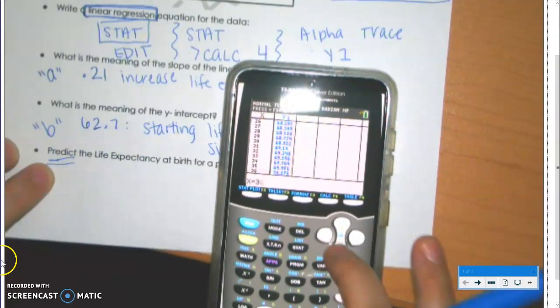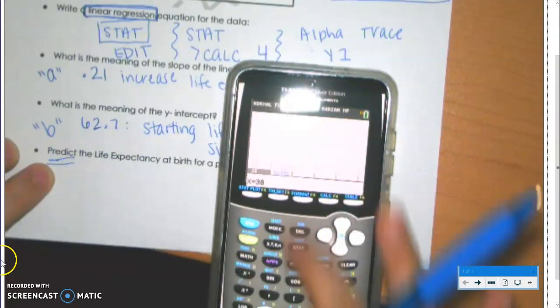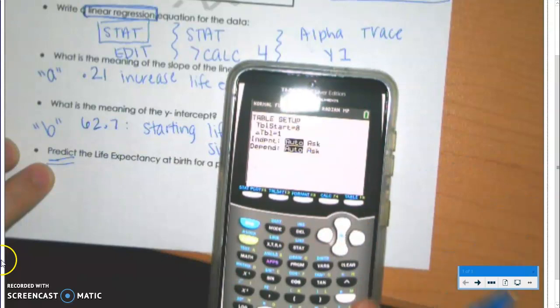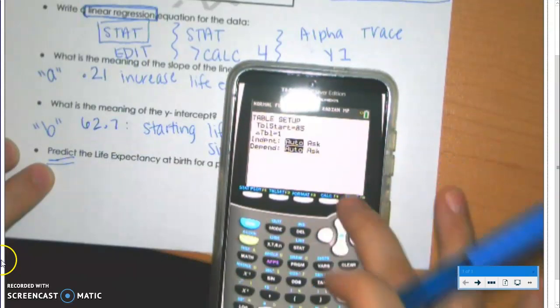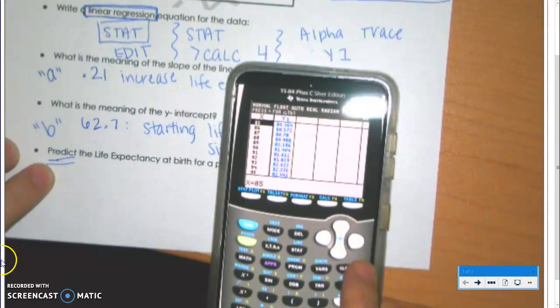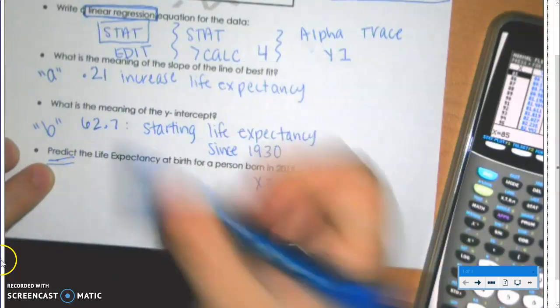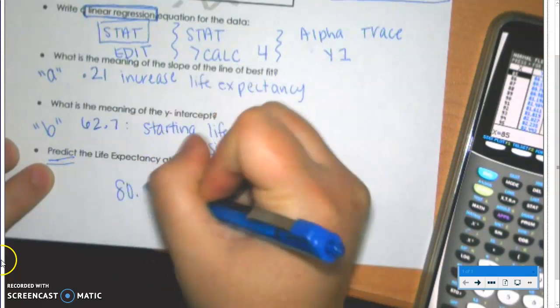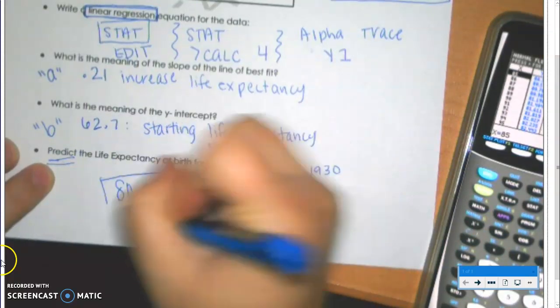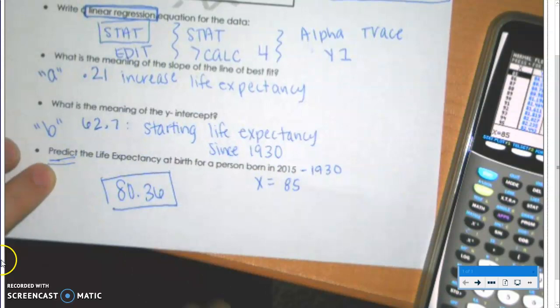All right, because I'm running out of time in this video, I'm going to jump right there. A shortcut is just to click second window, but there it is, 80.36. So they would be expected to live 80.36 years if they were born in 2015.